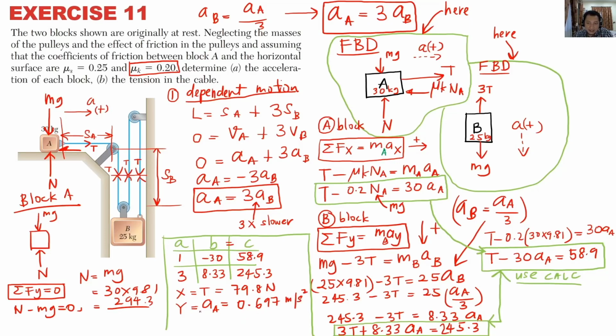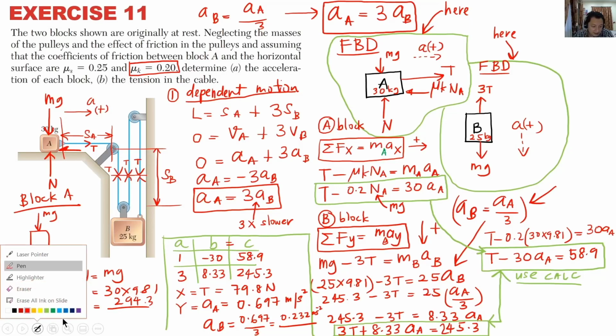So since you have AA, AB sama dengan this one lah. So look at this one. AA bahagi 3, so 0.697 divided by 3, you're gonna get 0.232 meter per second squared.